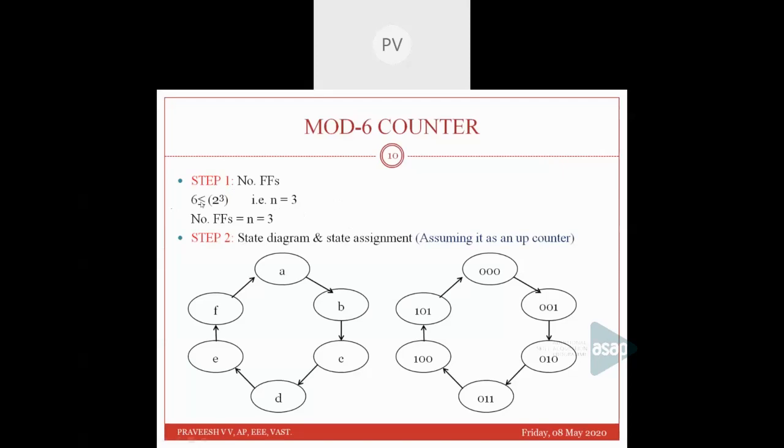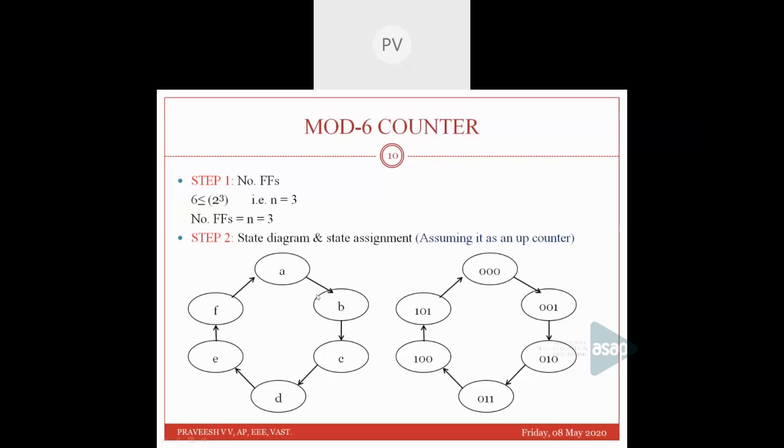I'm starting from 0 to 5 it will count. So first I have decided the number of flip flops, which is based on the equation capital N less than or equal to 2 raised to small letter n. Small letter n is the one we are going to find out, and in this case you will have it as 3 because 8 is greater than 6, or 6 is less than 8. So I have fixed my number of flip flops as 3. And then going to the state diagram and state decimal representation.